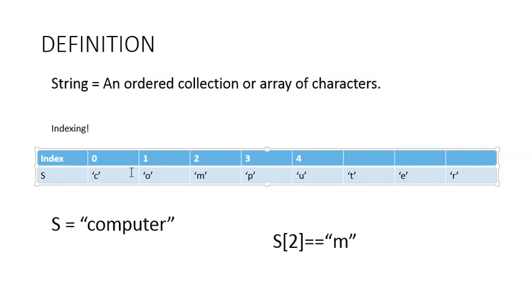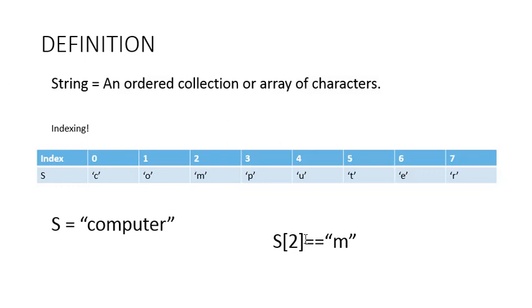So this simply means that the first character is given the index position value of 0, the next character is then index position 1, 2, 3, 4, 5, 6, and finally 7. So my eighth character in my string s is the letter R.